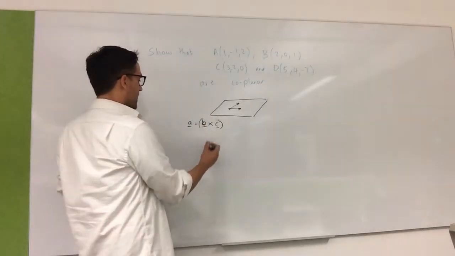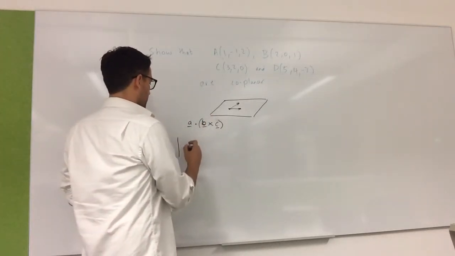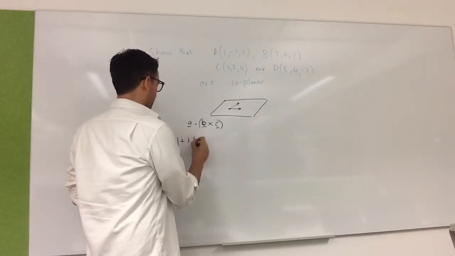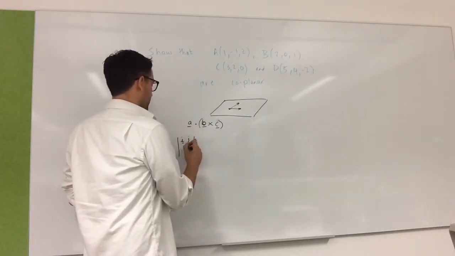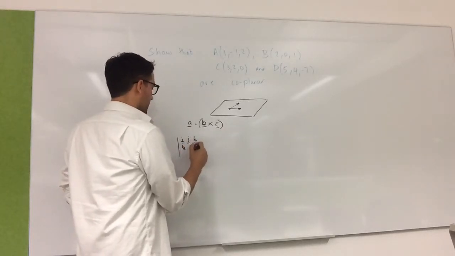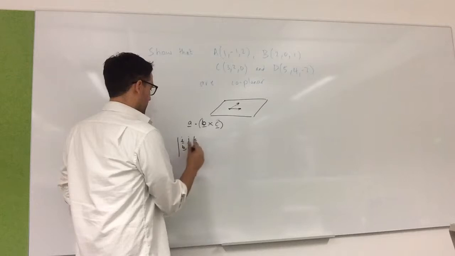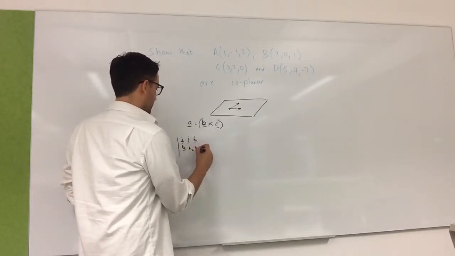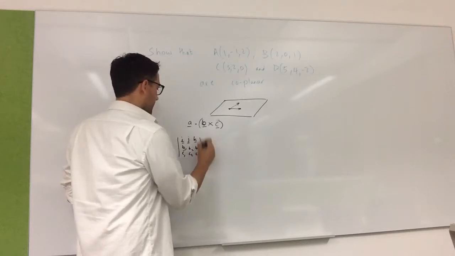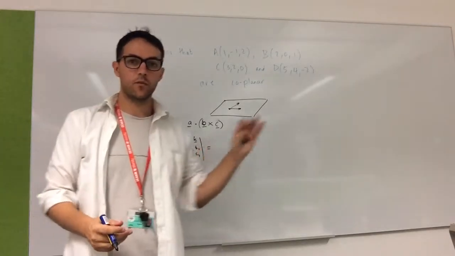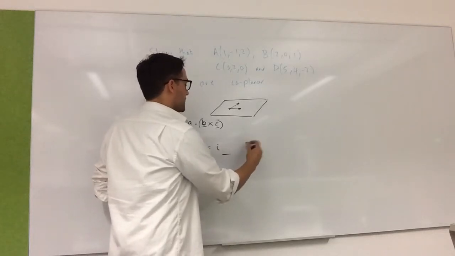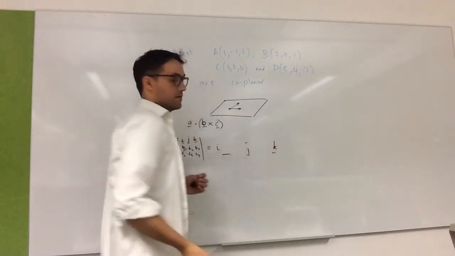Remember that the cross product has your I, J, and K here, and then if you're taking 2 vectors, in this case B1, B2, B3 and C1, C2, C3, when we do this, we get an I times something, a J times something, and a K times something.